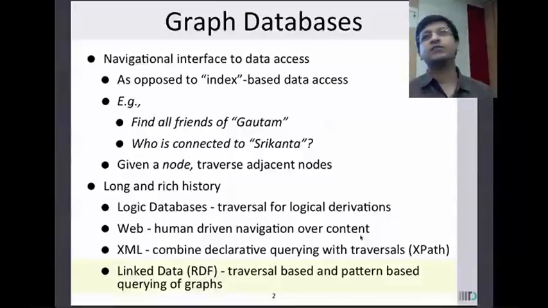And then of course once the web came, it's very natural to see the web as a big graph, and you're all familiar with PageRank and Google's mode of trying to rank pages, which is largely a graph query, right, as we will see soon. And then the XML wave hit the database community, and XML is both a tree and, if you relax it a little, a graph, right?